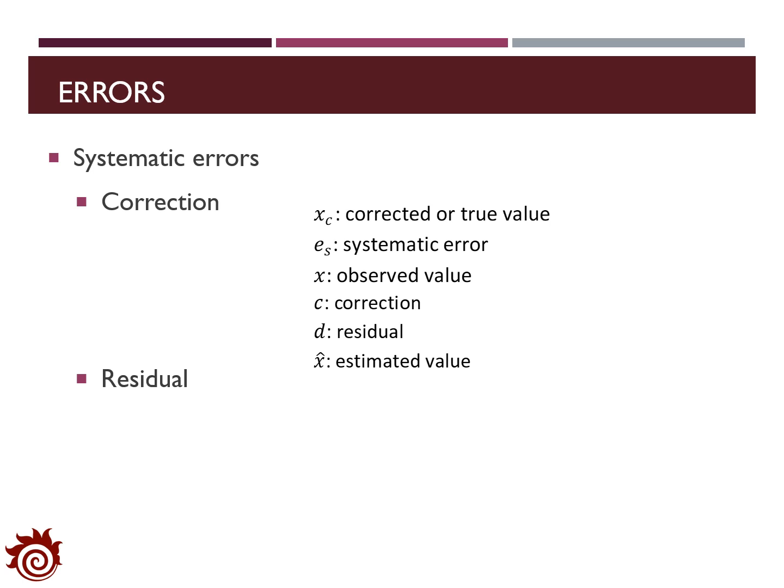First, for the systematic error, ES equals the observation minus the corrected or the true value. Then with this one, we can define the correction as minus ES. So with this one, you can see that the true value is the observation plus the correction.